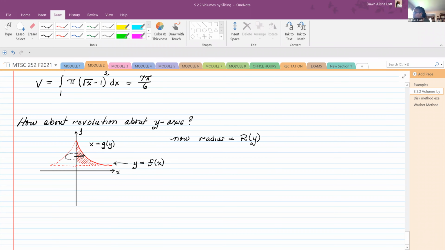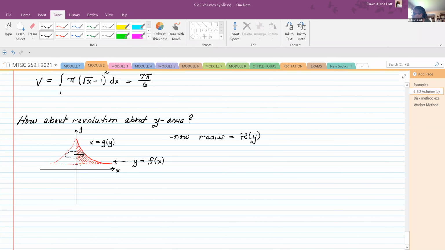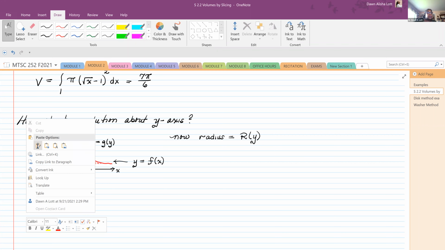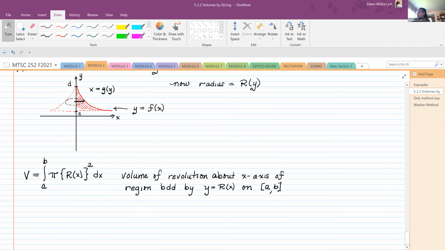And now I'm going from c to d. So my volume is going to be the integral from c to d of pi times R of y squared dy.